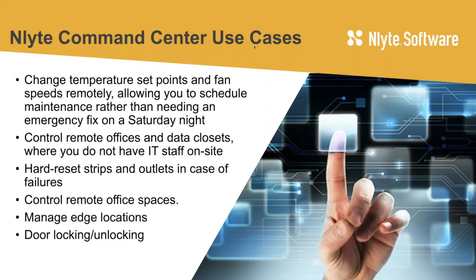And why you might want to do something like this is that if you've got a remote site, you don't have much visibility or you don't have anybody physically there, some alarm happens on a Saturday night, some temperature starts to run out of control and your automation system, either you don't have one or something's going wrong. It lets you set a reasonable set point so that you can deal with it when someone's actually in the office instead of having to deal with it as an emergency.